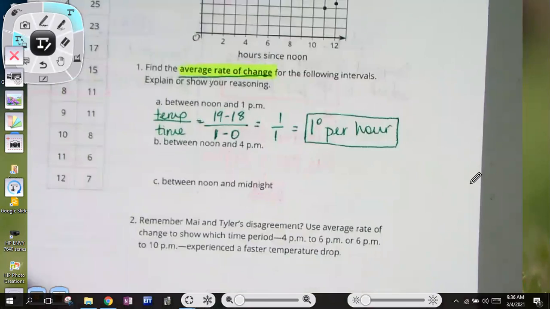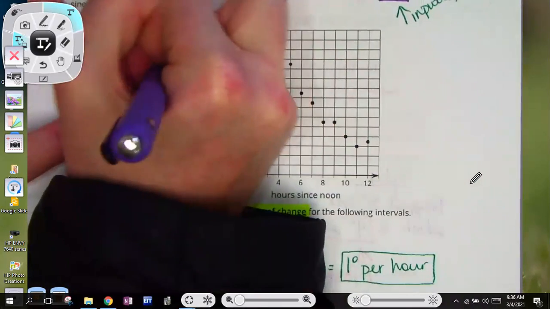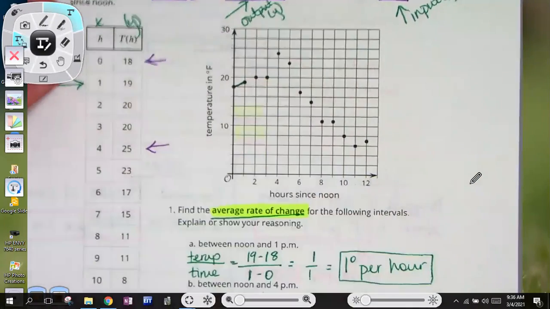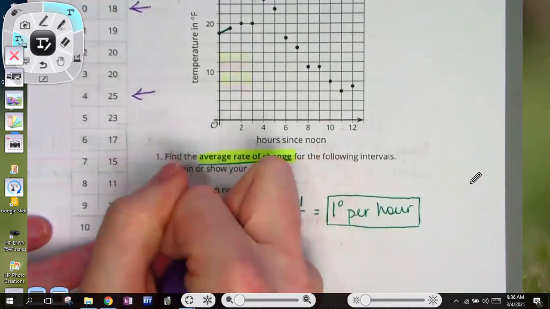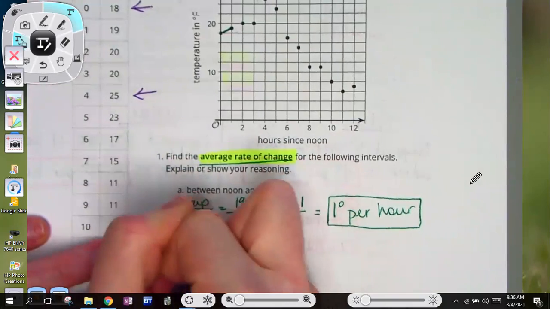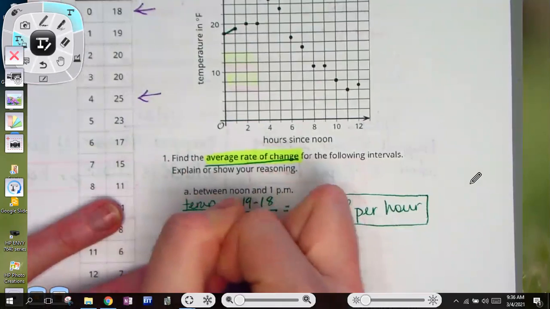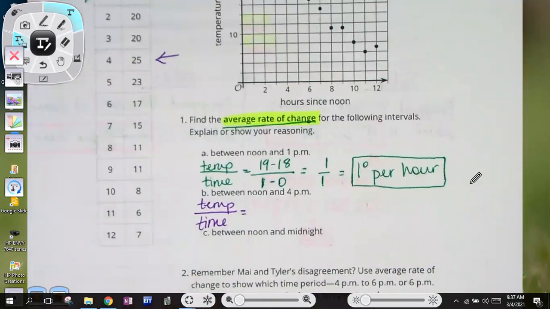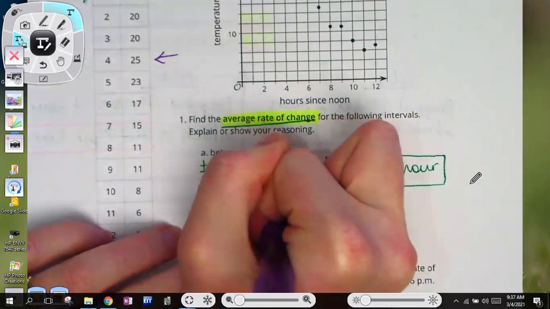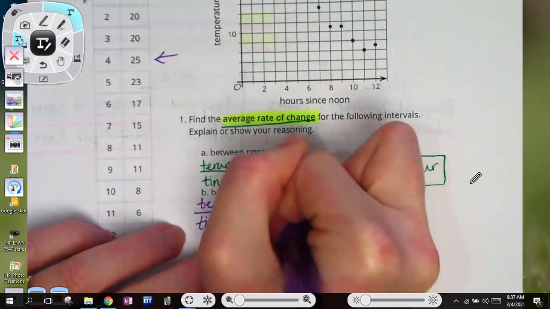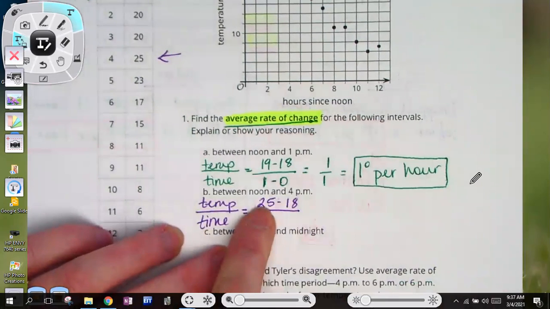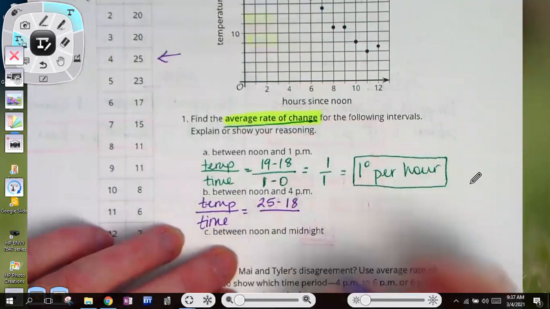All right, let's look at the next interval, between noon and 4 p.m. I'm going to use purple this time. So I have noon and I have 4 p.m. The rate is the change of whatever our variable is over time. So what is my temperature doing between noon and 4 p.m.? We have 25 minus 18 over, what time was it at 25? 4.